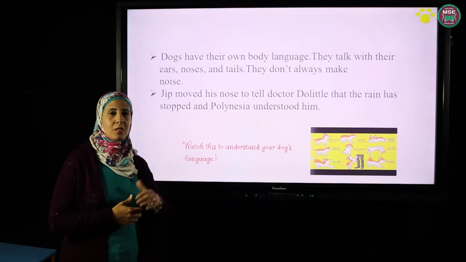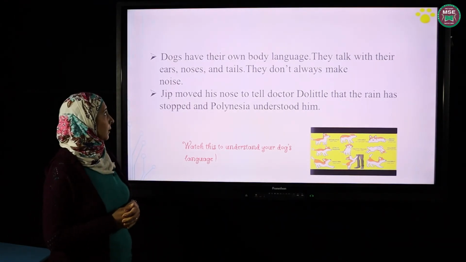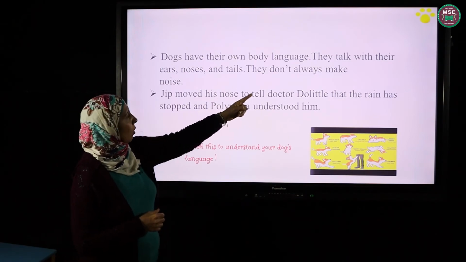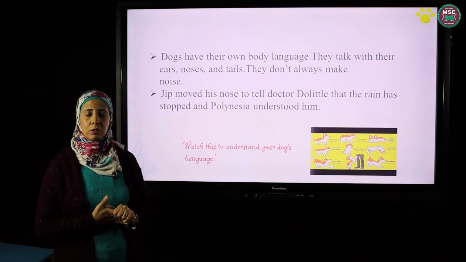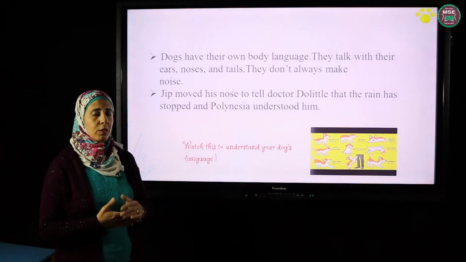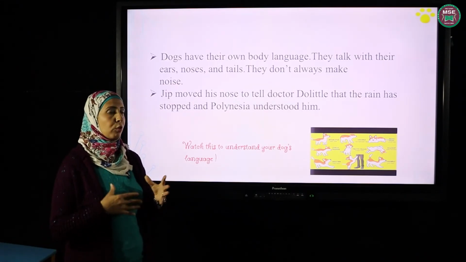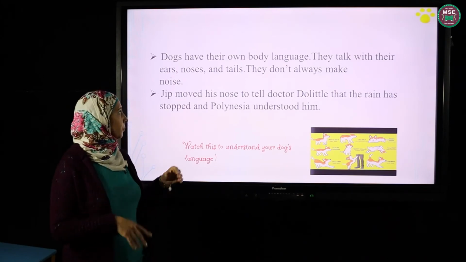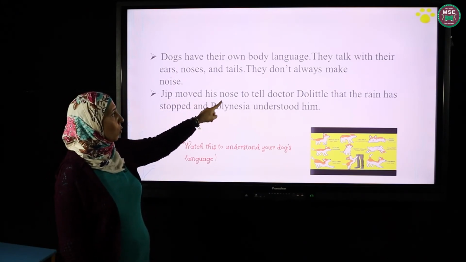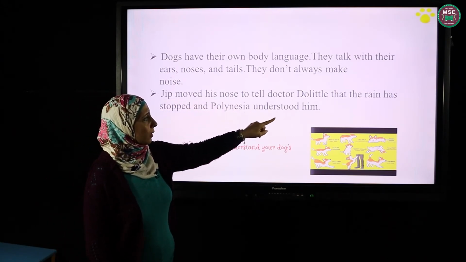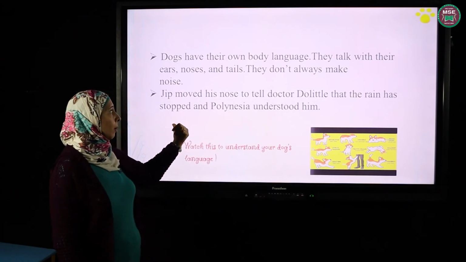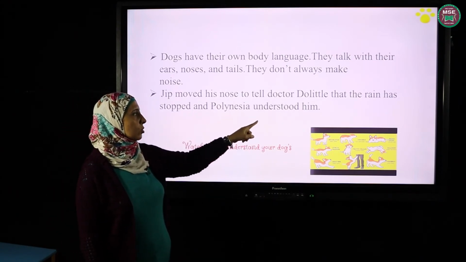Okay, let's see what our dog told Dr. Dolittle. Okay, they don't always make noise. Dogs are always quiet. They don't make a lot of noise, but they are active. They are full of movements. Jip moved his nose to tell Dr. Dolittle that the rain has stopped, and Polynesia understood him.